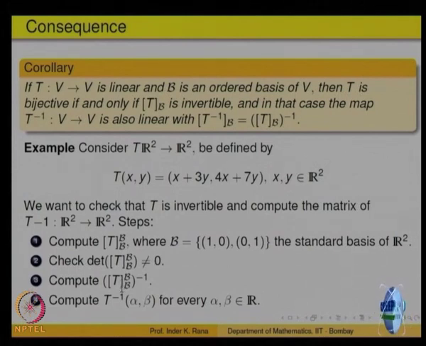If it is invertible, you can find the inverse of that matrix using our techniques, either the reduced row echelon form or the adjoint method. Then using that matrix you can write down the formula for T inverse of a vector by matrix multiplication, as we did last. So, this is matrices and linear transformations.